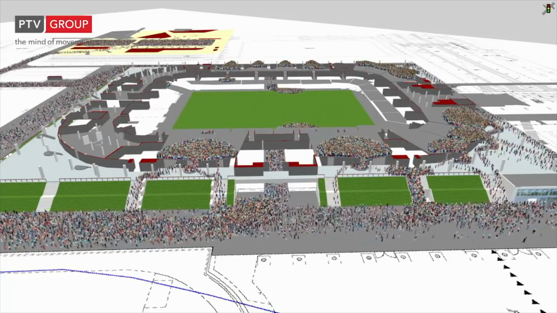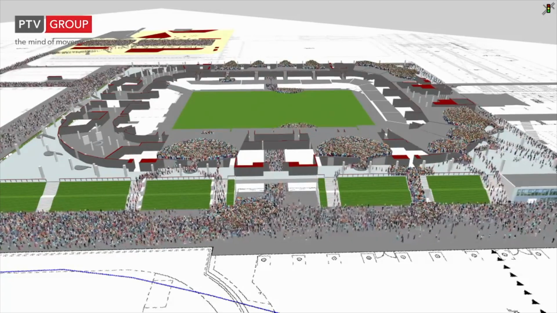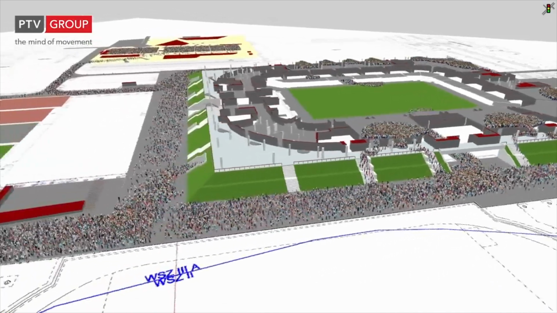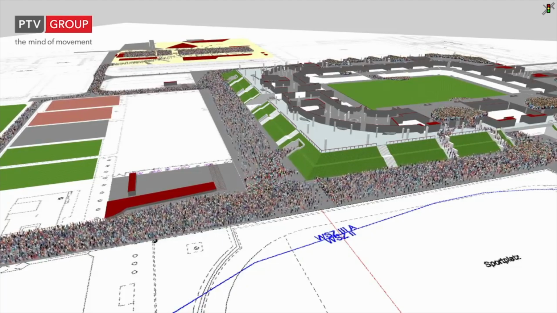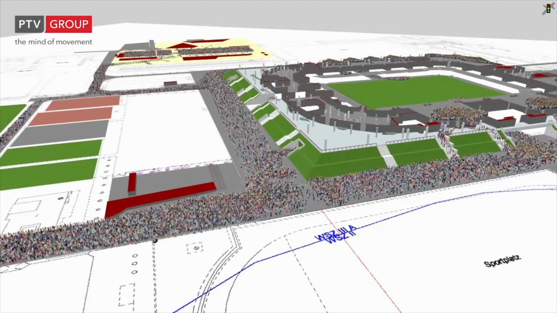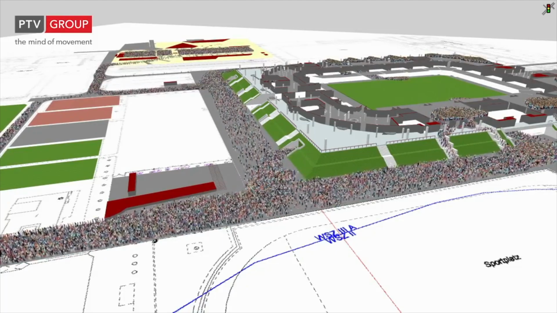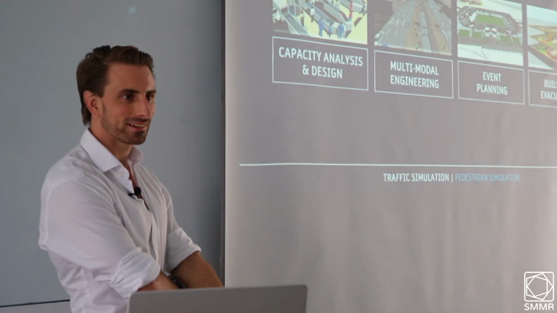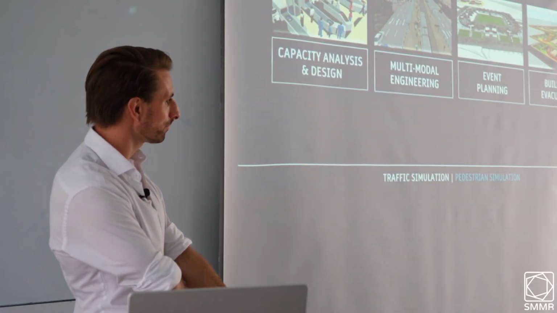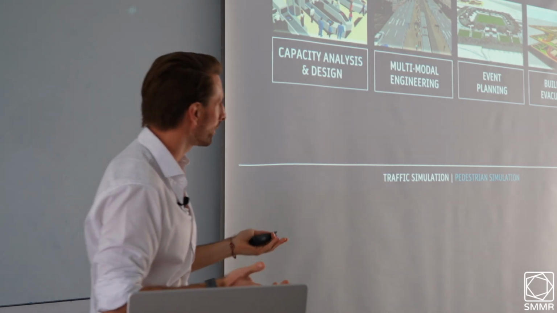And also for building evacuations. So if there's a fire at the stadium, you want to know how long it will take for everybody to exit the stadium. And if it takes too long and it's too dangerous, then maybe you should design extra exits in your stadium. And all of that can be done with pedestrian simulation tools. So that's traffic engineering and some of the data and tools you might work with.